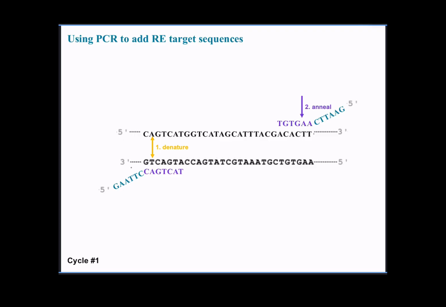Then, part of cycle 1, the second step would be annealing, and you use these primers that have complementarity to both ends of the insert of interest that you would like to PCR out of this DNA source. And like I said, these two tails are hanging out on the 5' end of these primers, and you will see how they come in handy in a second.